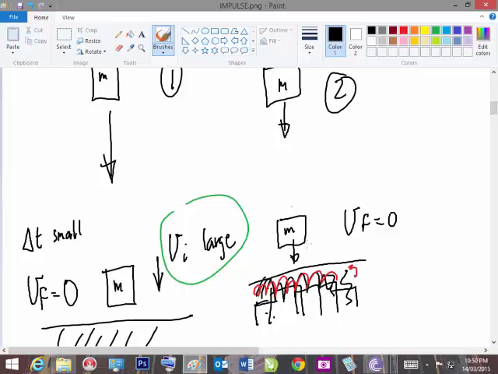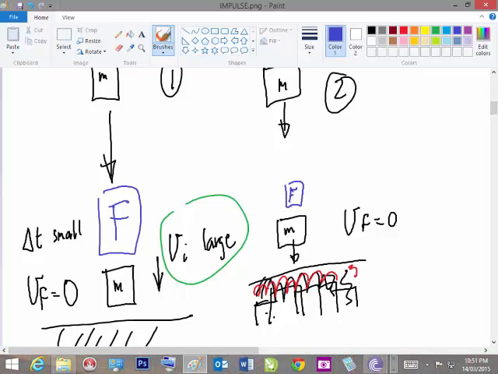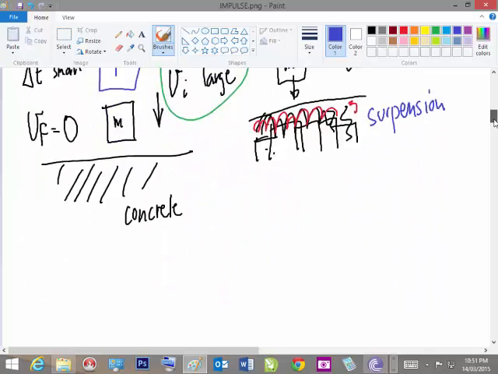So the impact it feels is much less. Basically, the force in the first case is much larger than the force felt in the second case because of the suspension, some sort of soft material, springs or sponges, that reduces the impact as the object comes to a complete stop.